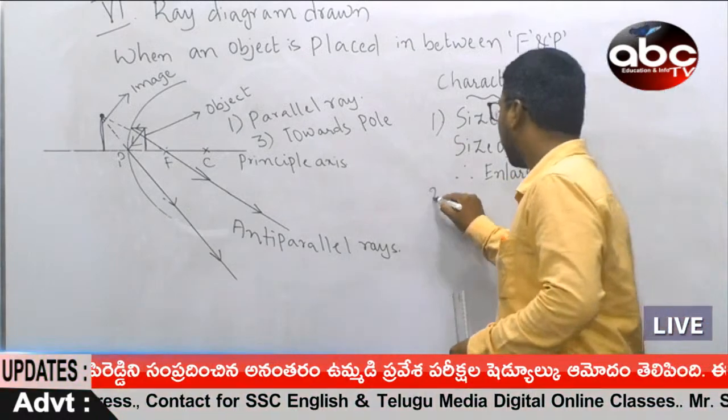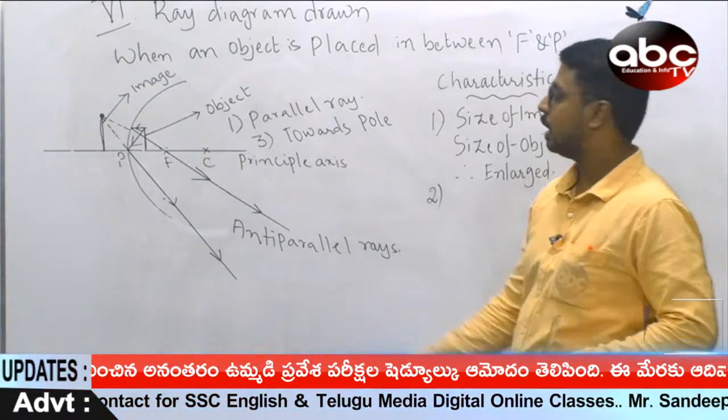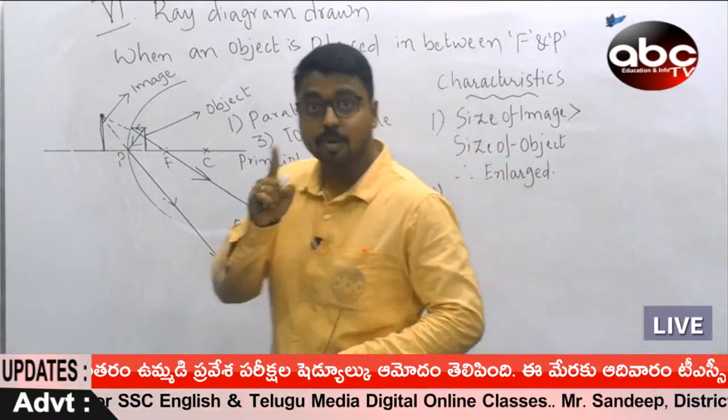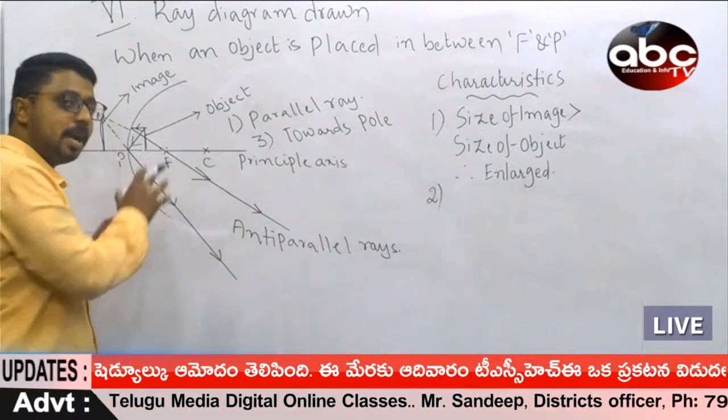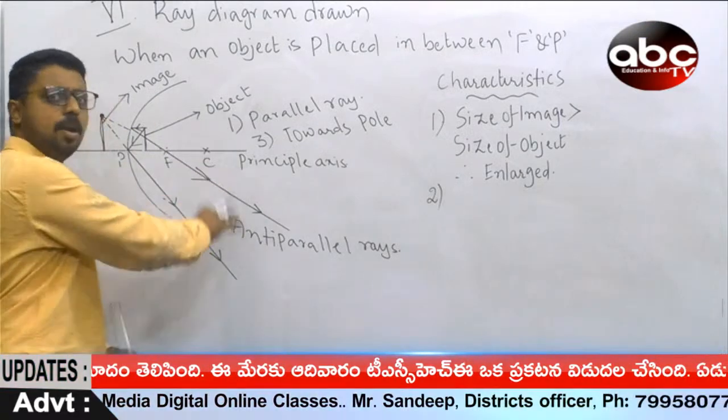The second one is position. Here you are noticing something very important. Until now, every image we got was below the principal axis.